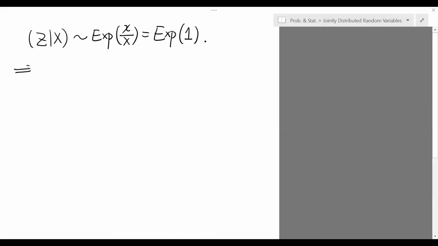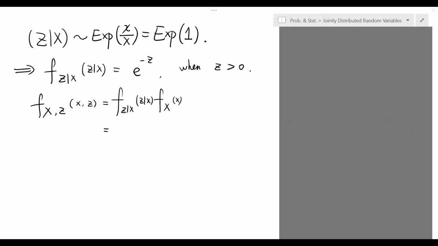Hence, we conclude that the conditional density of z given x is simply the density for the exponential random variable of parameter 1, which was known to be e to the negative z when z is greater than 0.